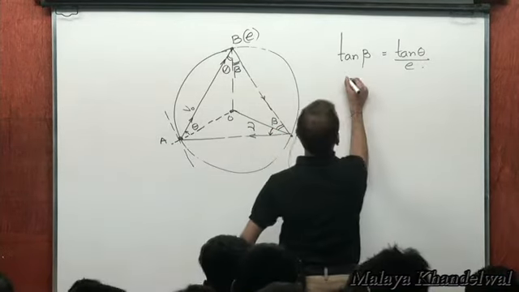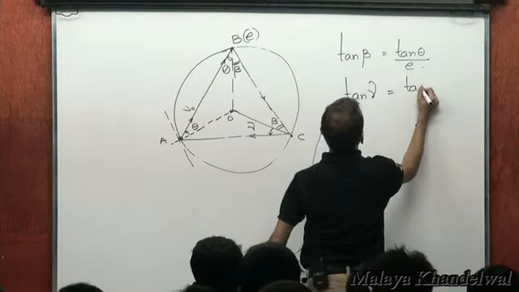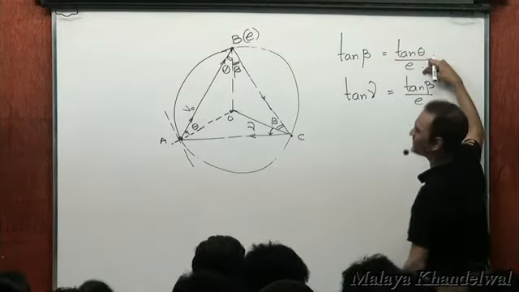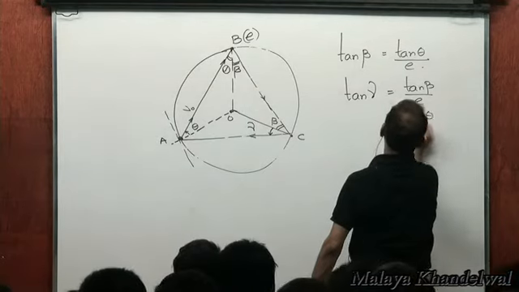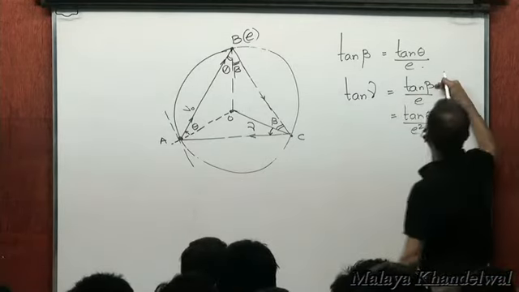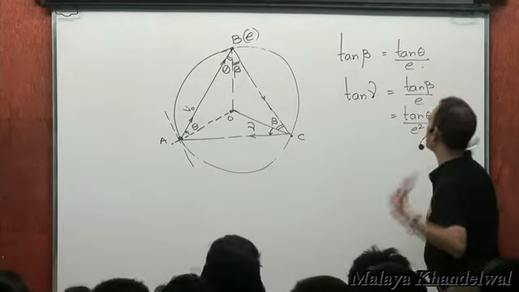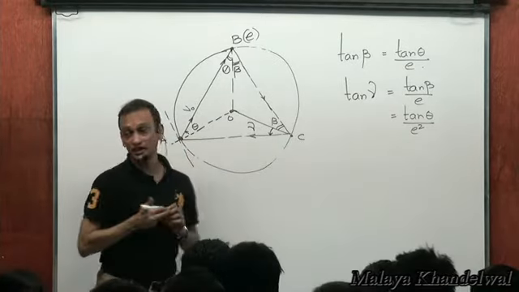Tan gamma is tan beta by E, where tan beta is tan theta by E. So in terms of theta, it will be tan theta by E squared. Good. So I know beta and gamma in terms of known theta.